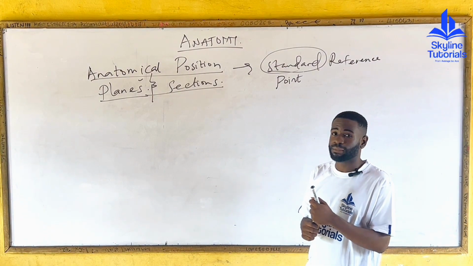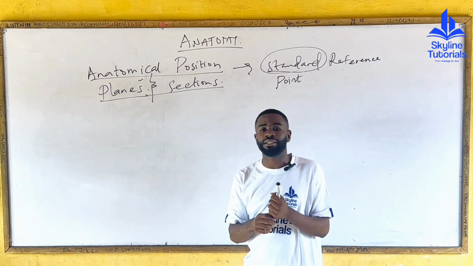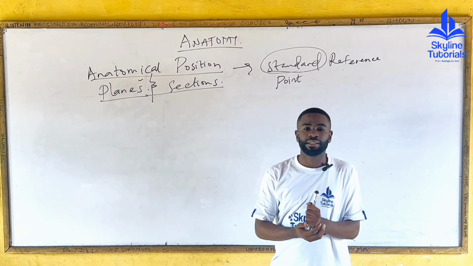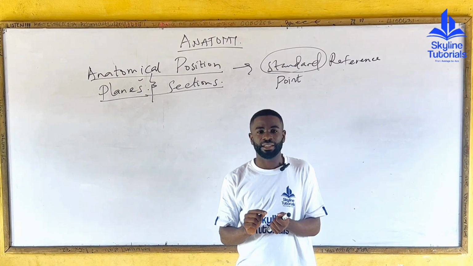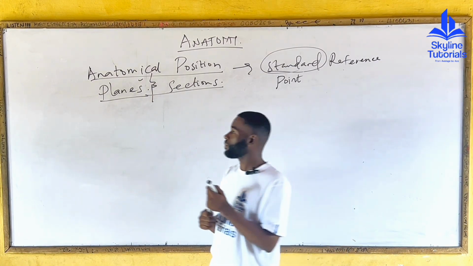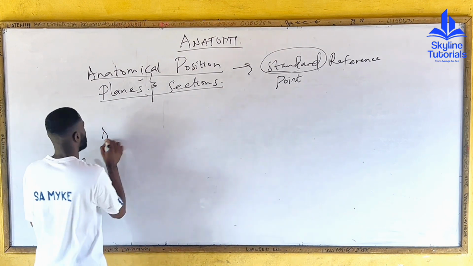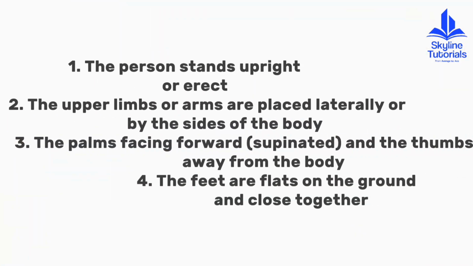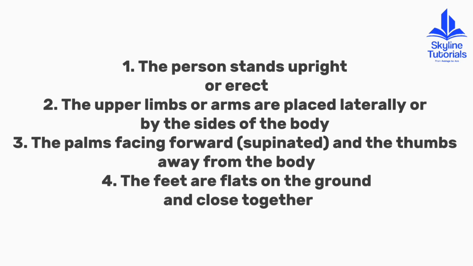Take note of that. There are different positionings or concepts that must be considered before saying a body is arranged anatomically. The first is that the body must be upright or erect.